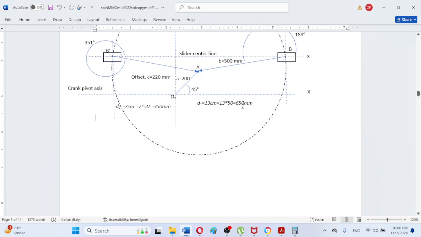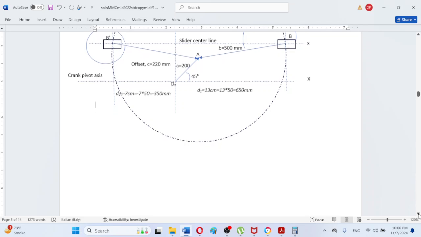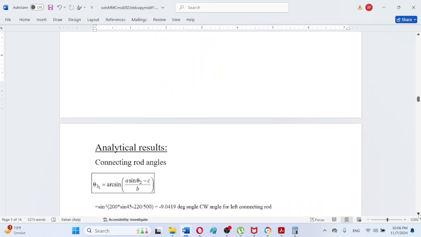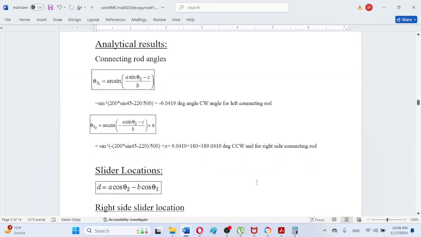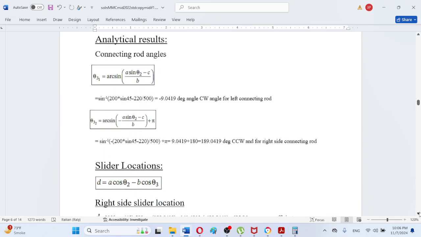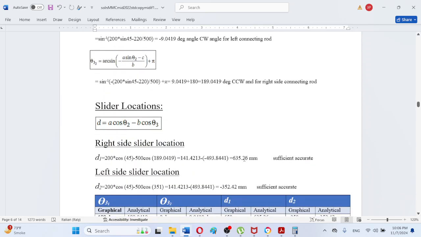So our value is also very nearly equal to the analytical result. In this way D1 is approximately equal to 650 millimeter, or between this analytical result. So any value is actually acceptable.